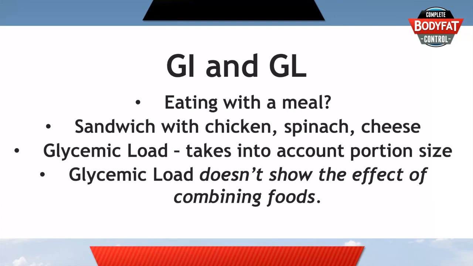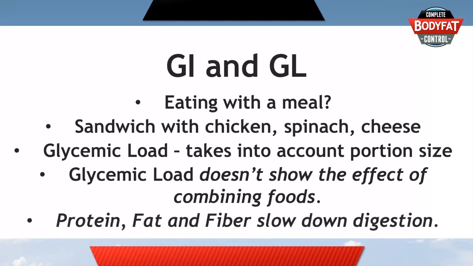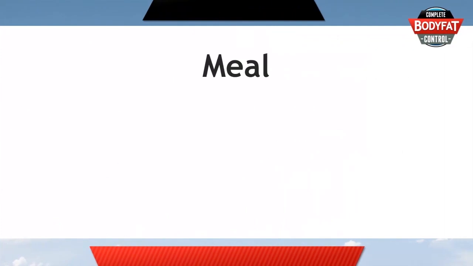That's to say, if you ate the bread by itself, it would have a very high GI, but if you have that bread as part of a sandwich with these other things, maybe the bread only works out to have a moderate GI, around 75, maybe around 80, something like that.